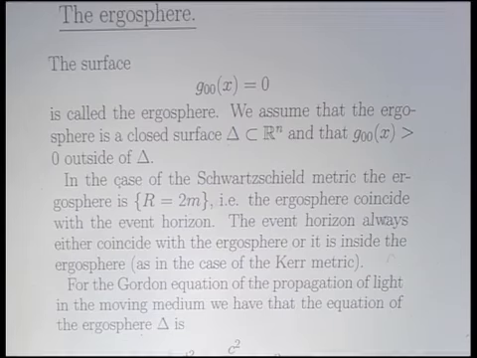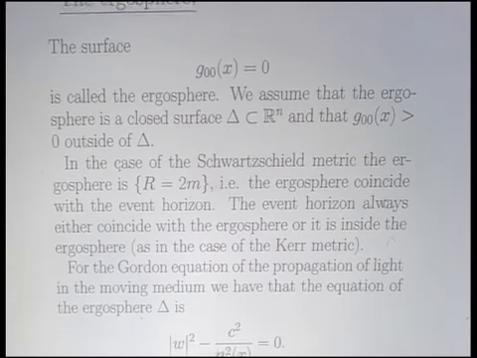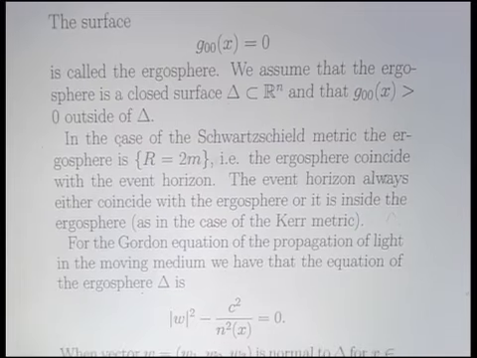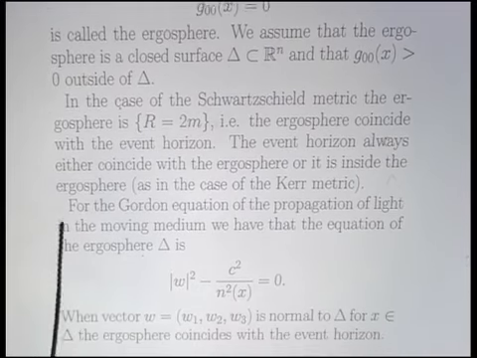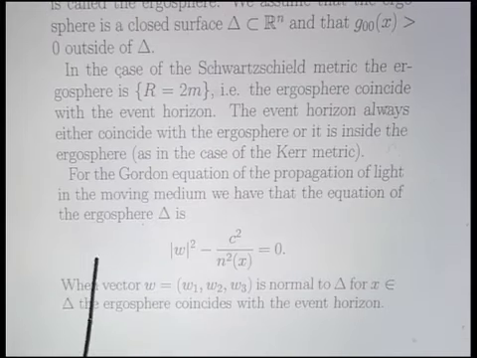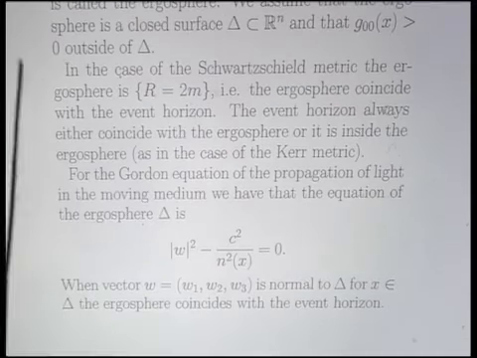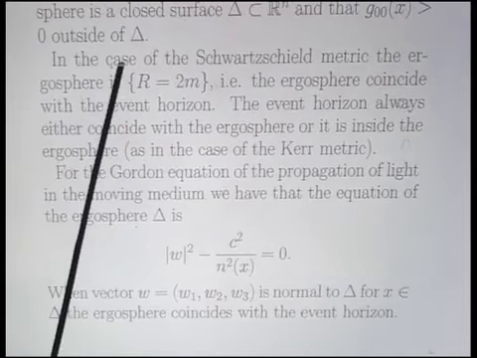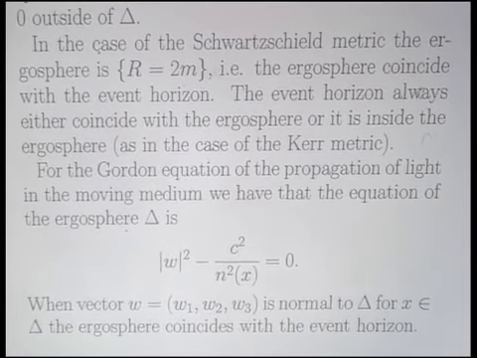If you take the determinant of the n by n matrix, the principal spatial part, when the determinant equals 0, this is the ergosphere. In the case of the Schwarzschild metric, the ergosphere is R equal to M, so for the Schwarzschild metric, the ergosphere coincides with the event horizon.